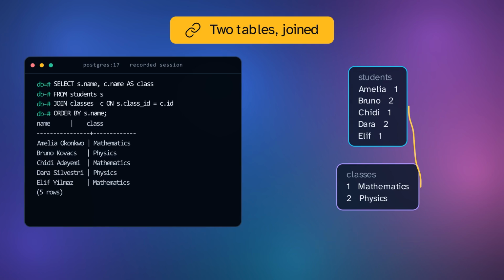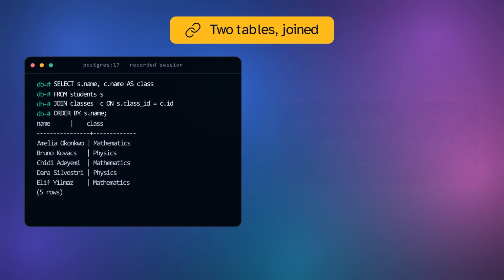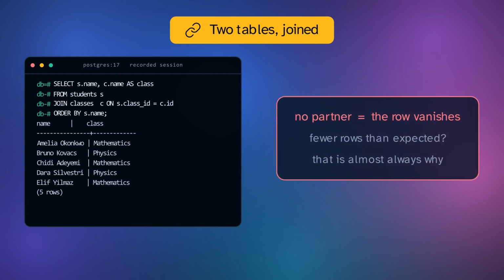One warning about join, because it is quiet and it bites. Suppose a student had a class ID of 3. There is no class 3, we only made 1 and 2. What do you think happens to that student? They vanish from the answer completely. Not an error, not a blank, they are simply not in the list.